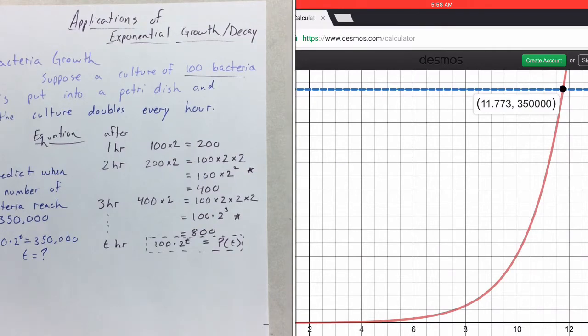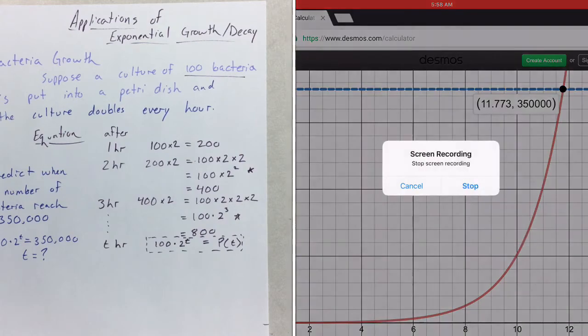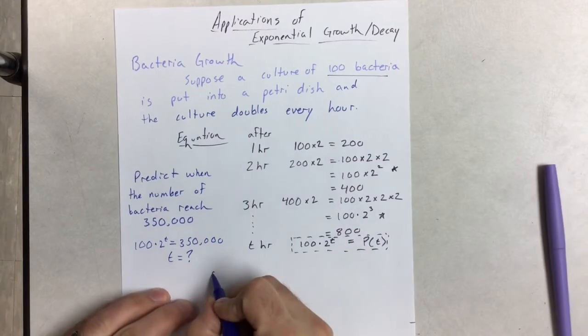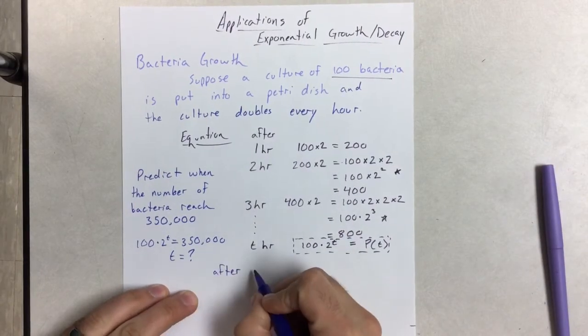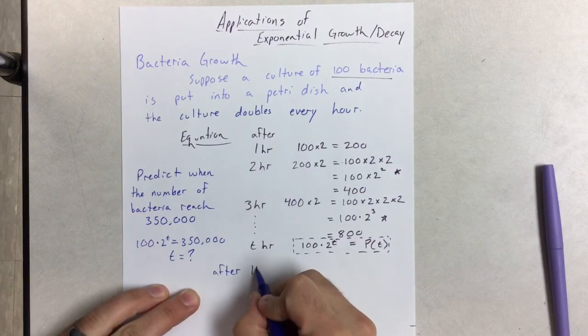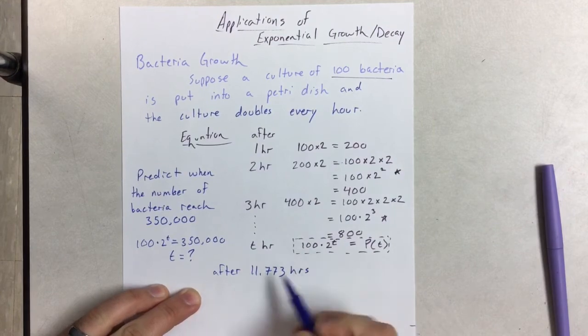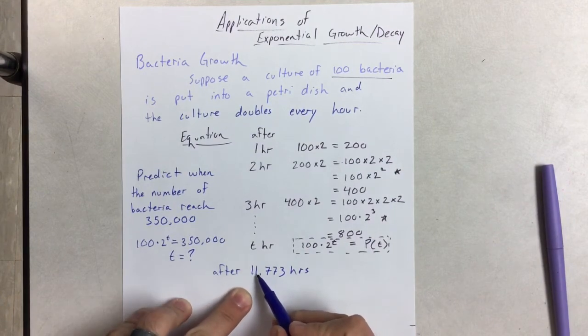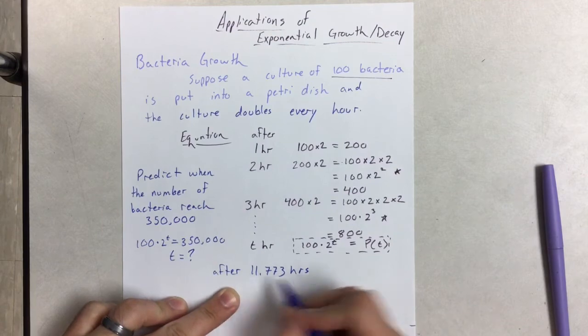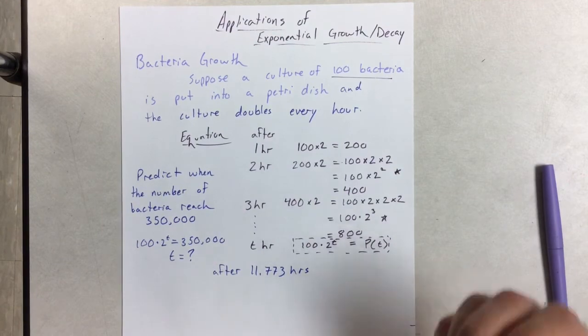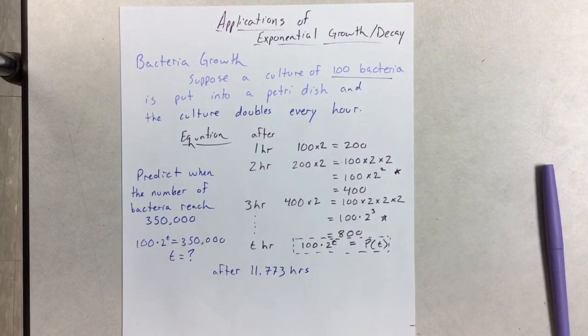After 11.773 hours, again, we're looking at the intersection of the two graphs. After 11.773 hours, or this is essentially 11 hours and 45 minutes, the bacteria will reach a population of 350,000.